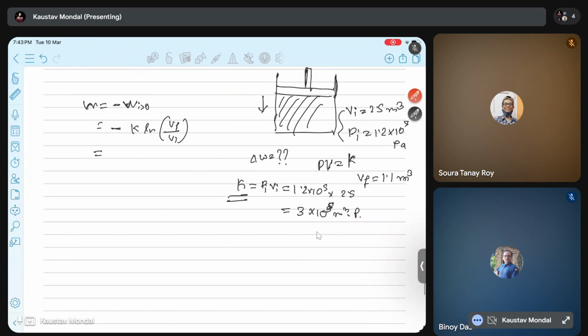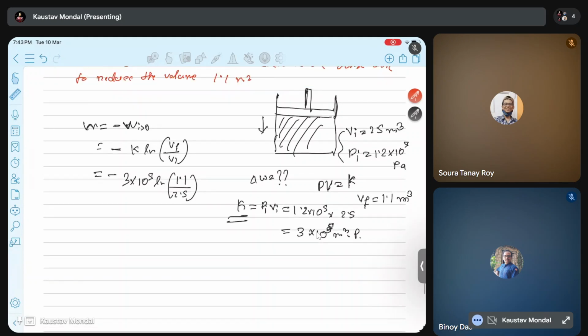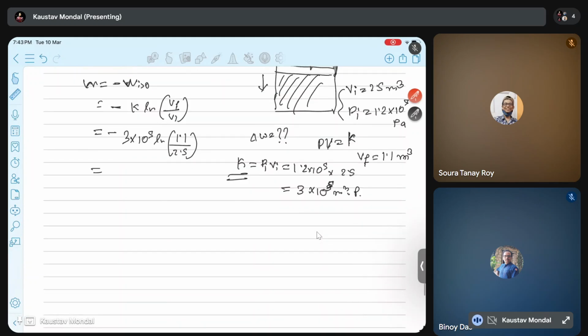So minus of K, which we already calculated, that is 3 into 10 to the power 5, times ln of 1.1 by 2.5. We substitute the things and we'll be getting 2.46 into 10 to the power 5 joule. Okay, this is the work done.